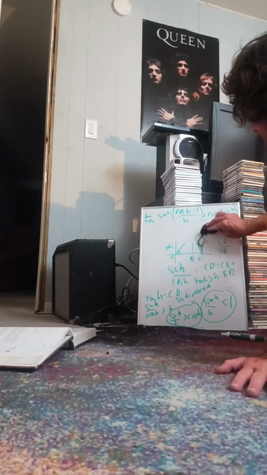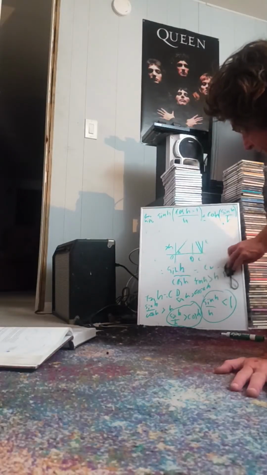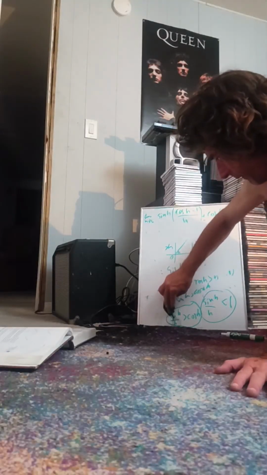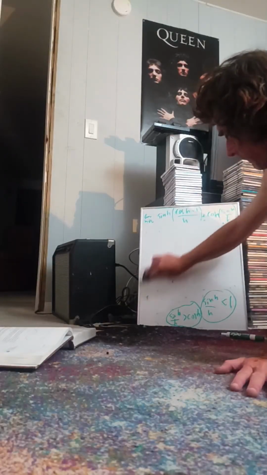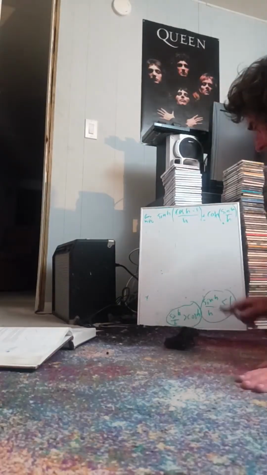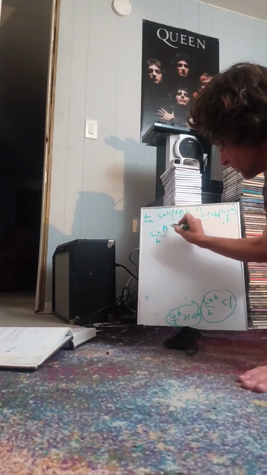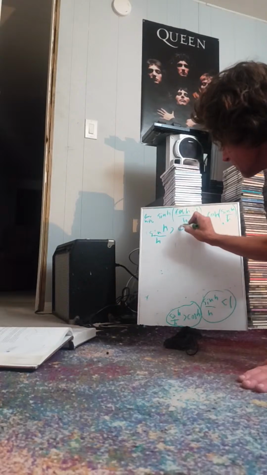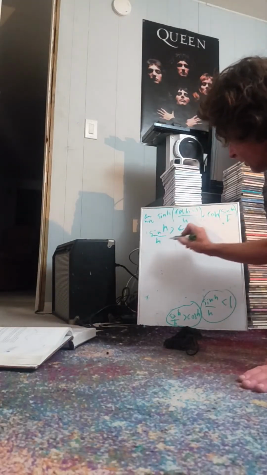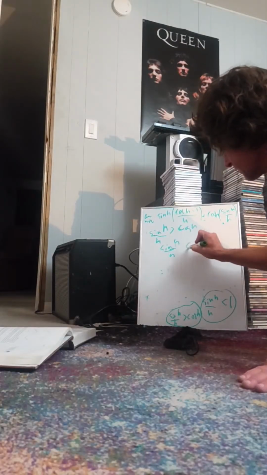Don't need it right now. We have our two points we needed right there. See that? Watch this little trickery thing. So sine h over h is greater than cosine h, but also sine h over h is less than 1.